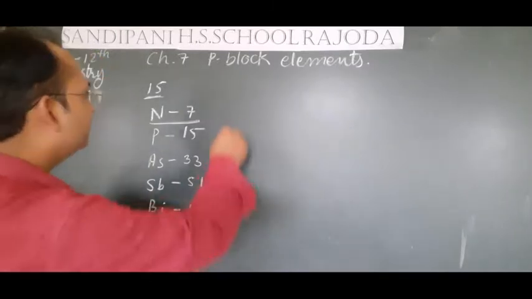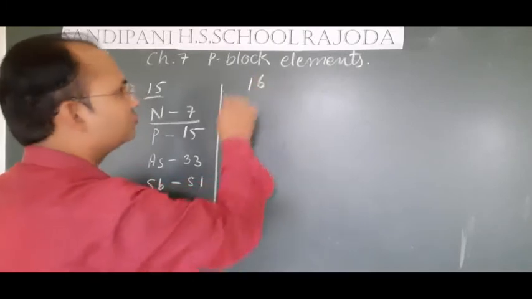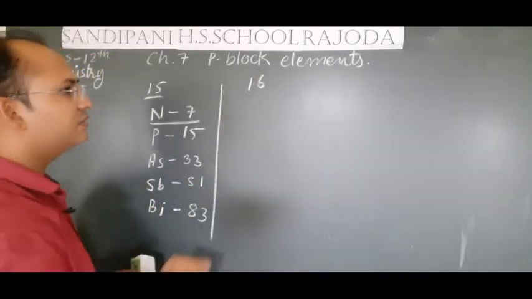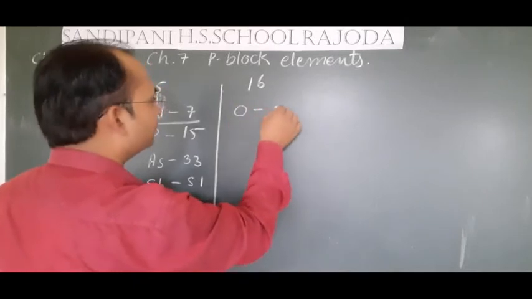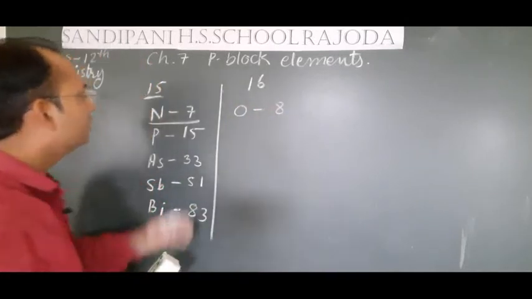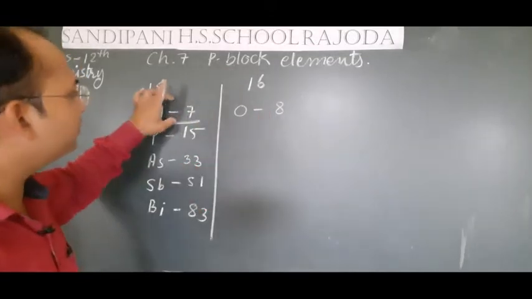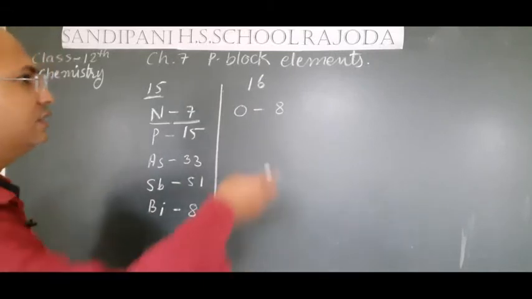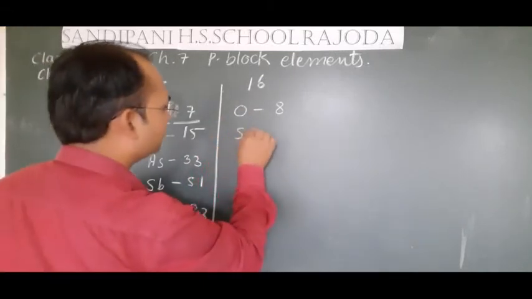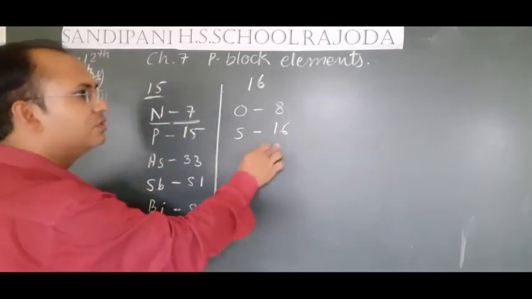Secondly, if we talk about the 16th group, then students, the first member is oxygen atomic number 8. Now in the 16th group, their atomic number will consequently increase. The second member is sulfur atomic number 16.